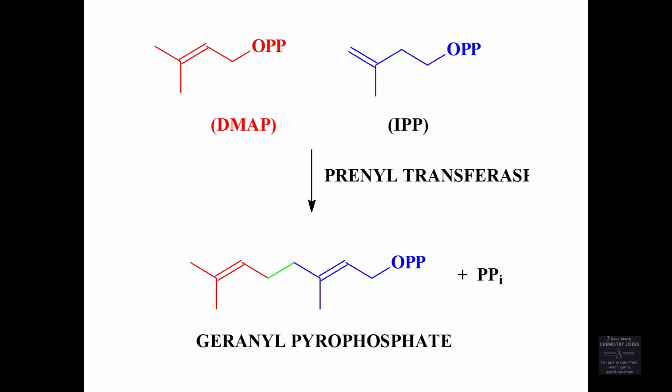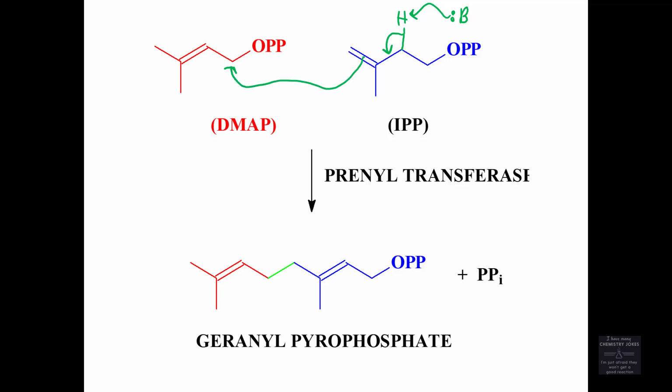Once you have some IPP and DMAP present in solution, something that can happen, we're drawing it as a fake little reaction, but hopefully you don't mind too much. Some base in solution, probably water under our physiological conditions, can take a hydrogen. That hydrogen can dump in electrons toward that pi bond.